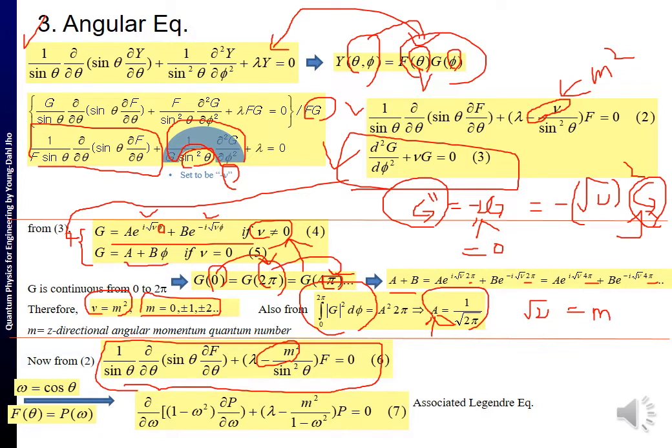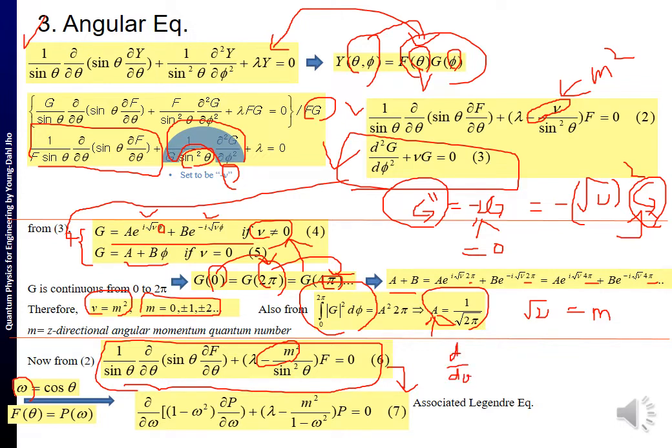Here things are a little bit complicated, so if we introduce omega to be the same as cosine zeta, then things will be quite simple. Let me show you how.